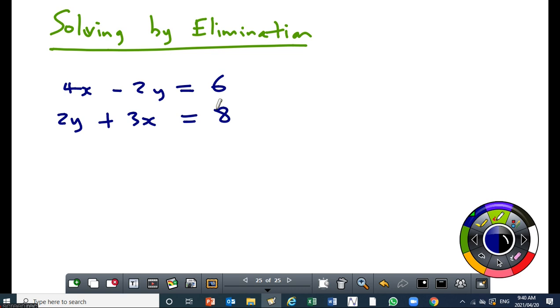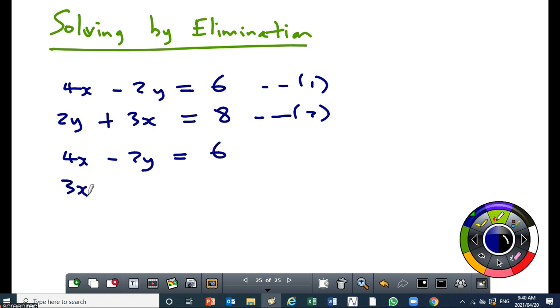In equation 1, the equation starts with x, but equation 2 does not start with x. So I'm going to rewrite them as 4x minus 2y equal to 6, and equation 2 as 3x plus 2y equal to 8.